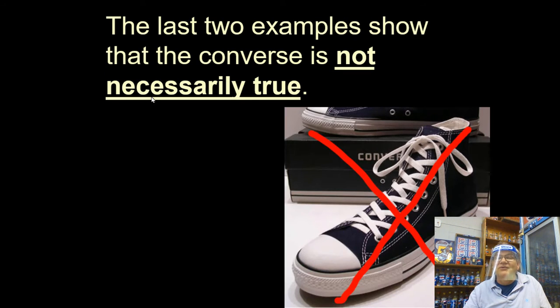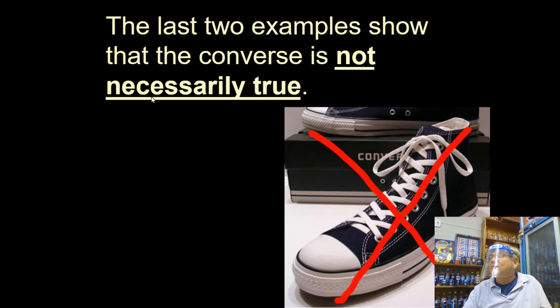And the point of those two is to show you that when you do the converse, it isn't necessarily true. Because there are a lot of rectangles that aren't square. Every poster on the back wall is a rectangle, but it's not exactly the same on all the different sides, so they're not truly square.